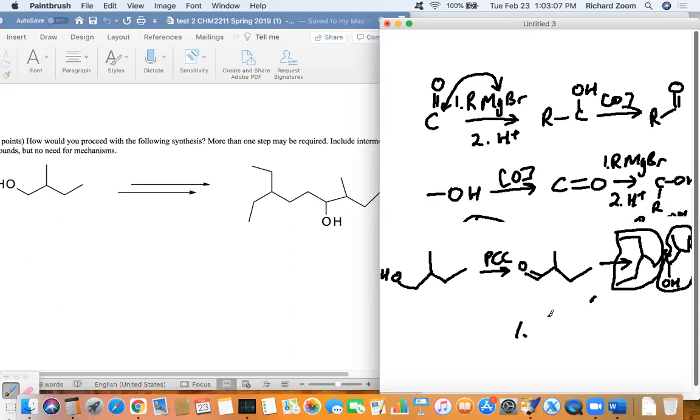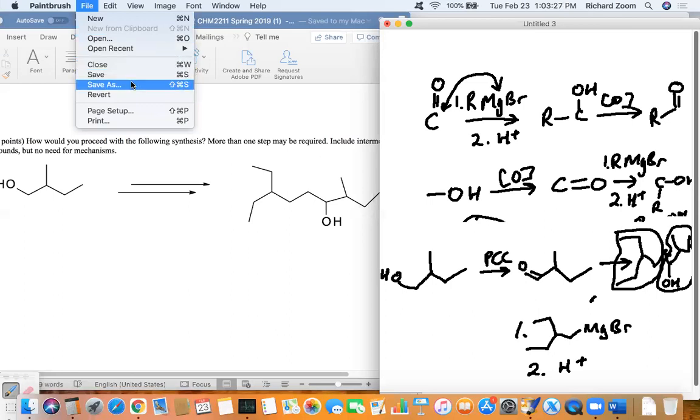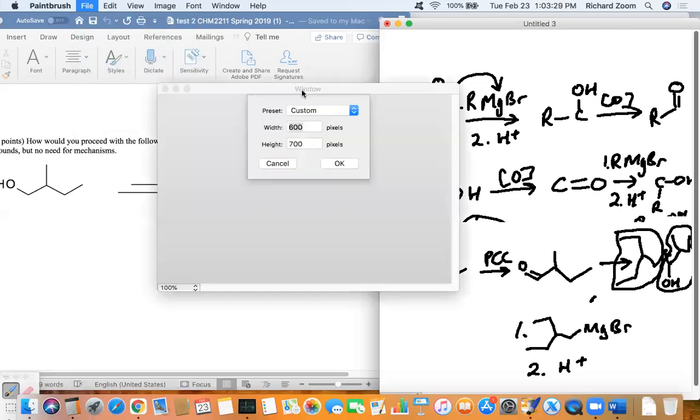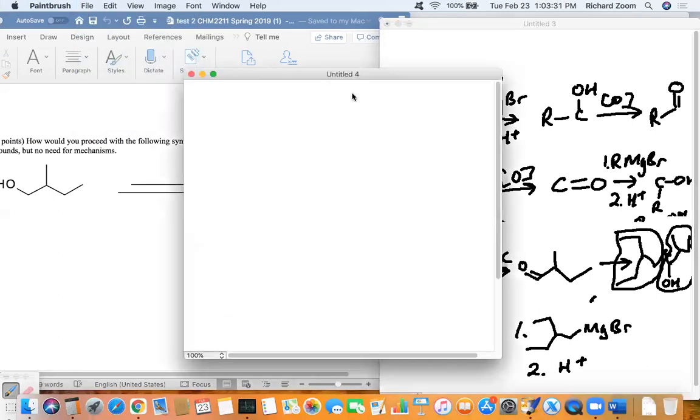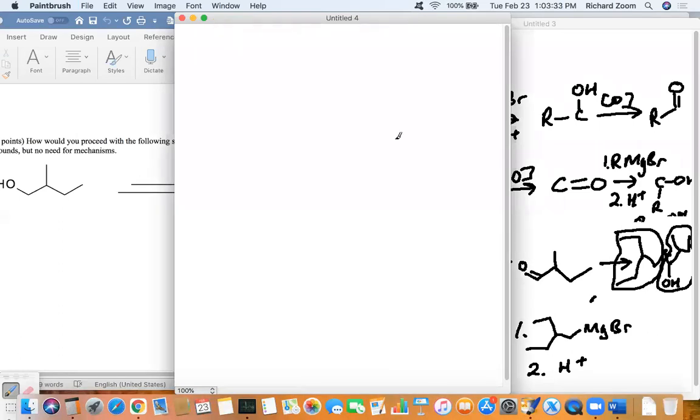And that would be that Grignard reagent. Yeah, I wish I hadn't deleted that other thing. So I'll put up that Grignard pattern again.